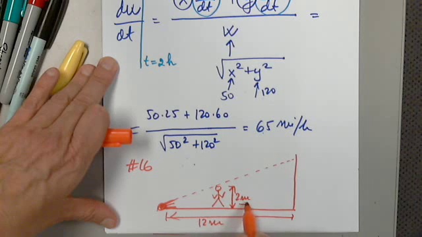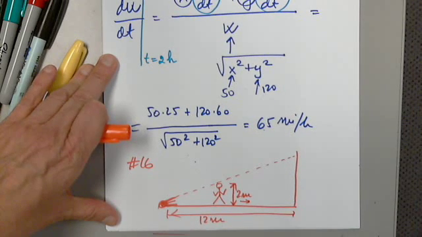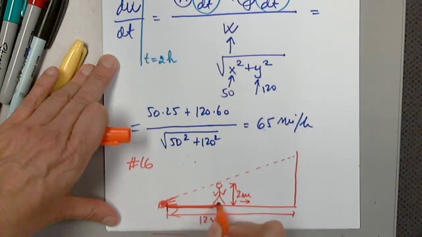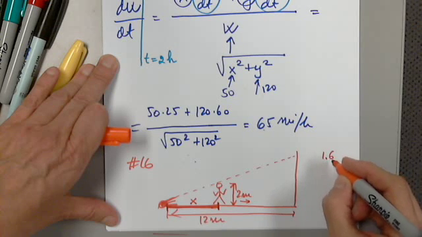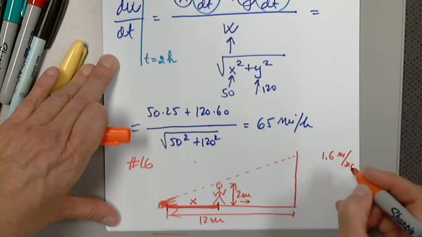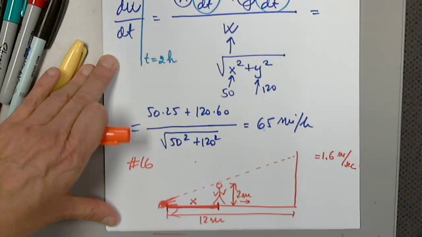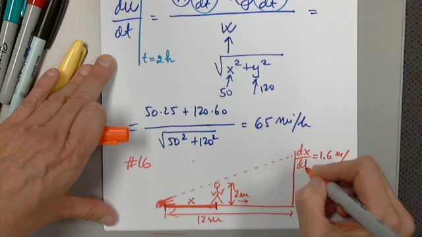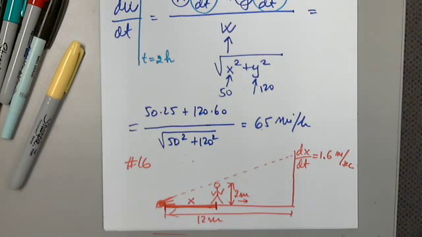He walks this way towards the wall. At a speed, so this is the distance that he covers. I'm going to call it x. And please tell me, what is 1.6 meters per second? dx over dt. Very good. Now I can read on.